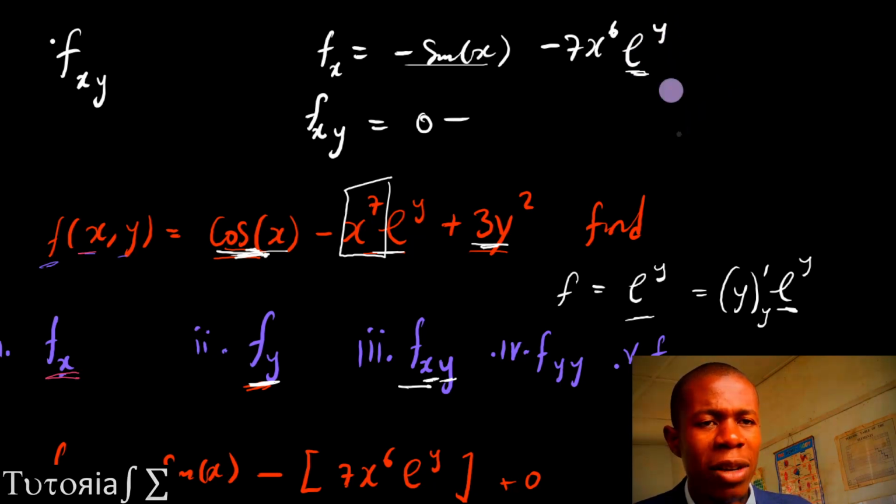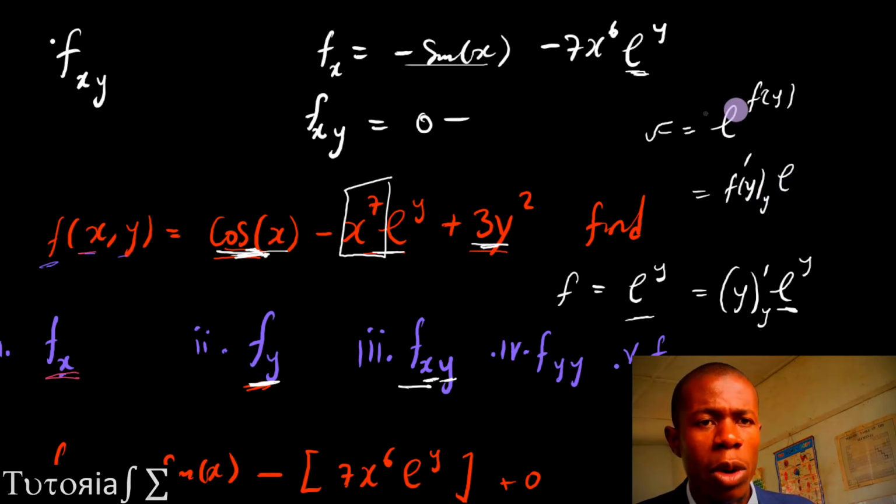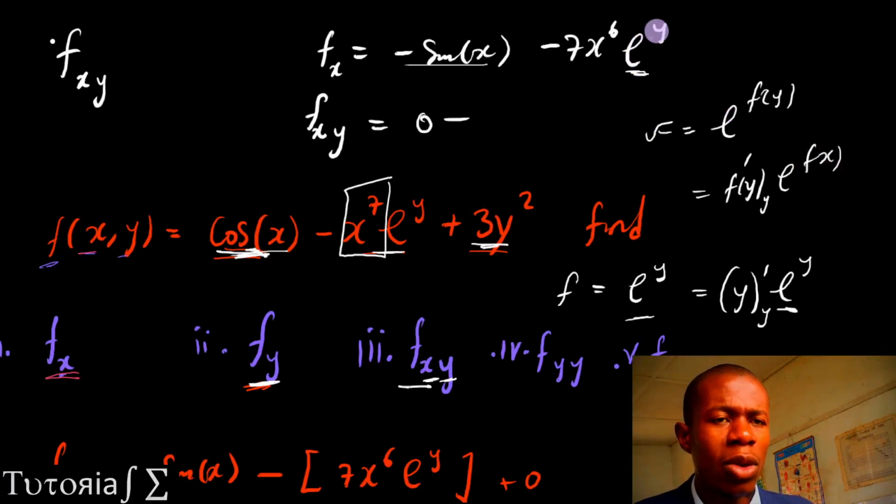So remember the derivative of e: when you have, let's say, f equals e to the f of y, how you differentiate, we drop this power and we differentiate it, which is f of y, with respect to whatever variable, x or y. In this case, it's with respect to y. Then we write e to the f of y. The same applies here. So we drop the power and we differentiate it.